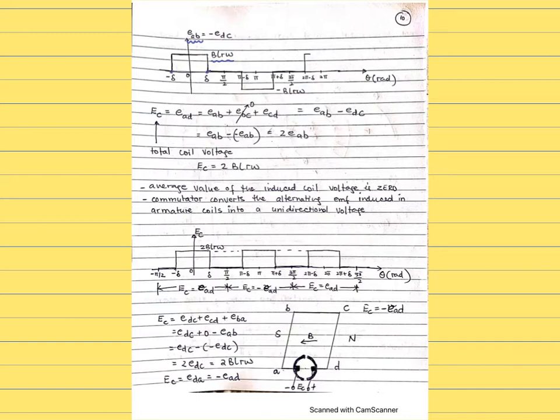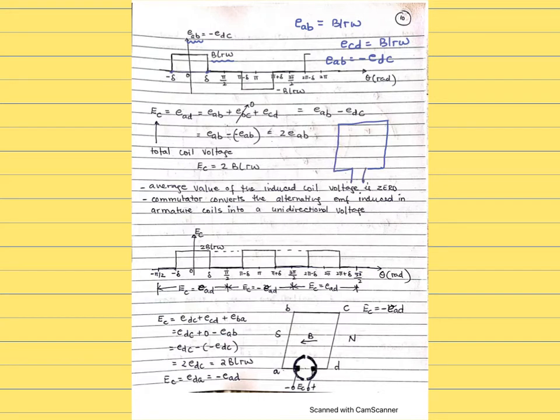Now for the conductor passing through the left-hand side air gap, if you want to express E A to B on this graph only, note that E C to D is BLR omega. If you want to express the E A to B part, then it's going to be negative E D to C. See, the two ends are like this.